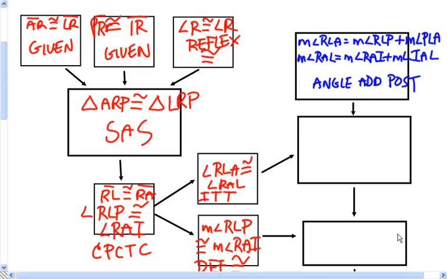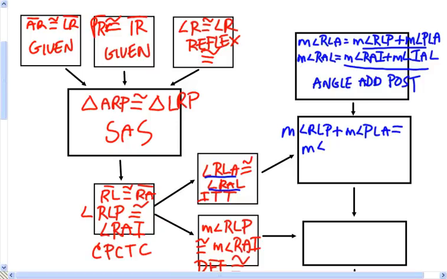So I just use the angle addition postulate for that, and since we already know that angle RLA is congruent to angle RAL, I can combine these two statements. The measure of angle RLP plus the measure of angle PLA is equal to the measure of angle RAI plus the measure of angle RAL.